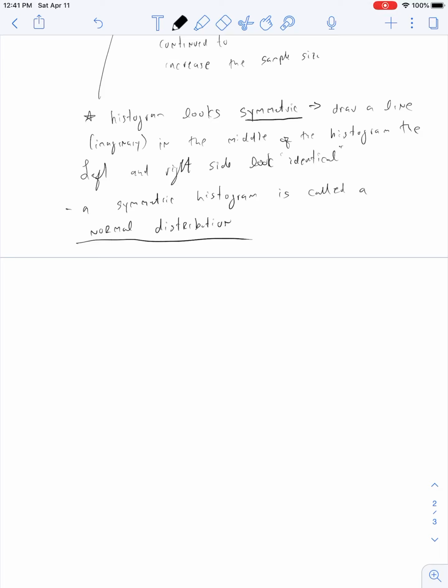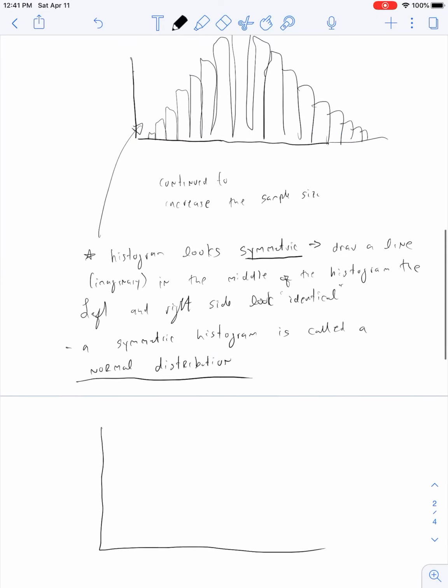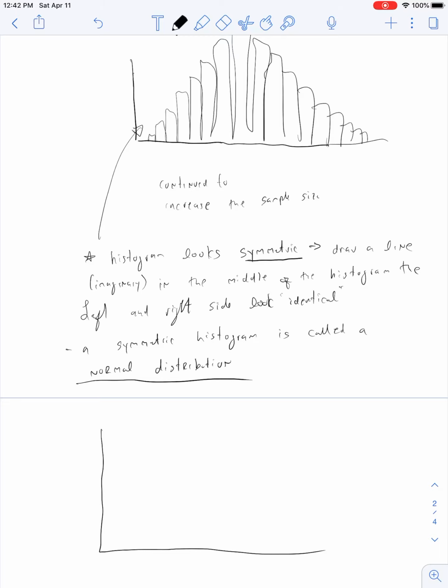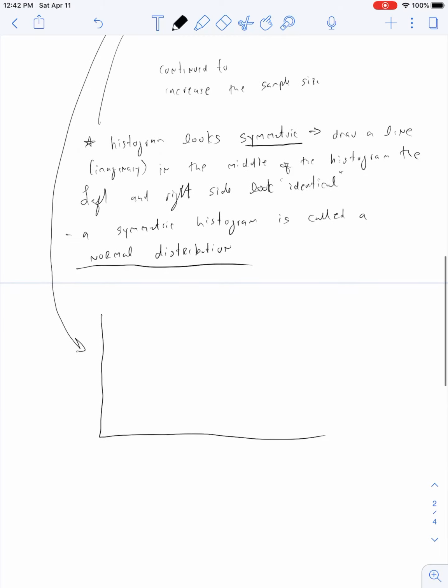And this normal distribution is really nice, because what we can do with this normal distribution histogram is turn it into a curve instead, which looks something like this. We say this is the height and this is still the number of men.